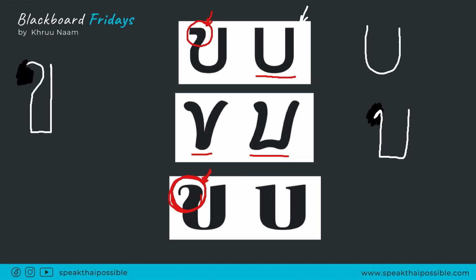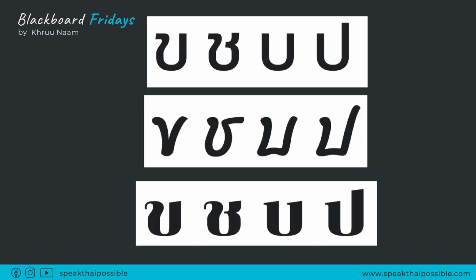Okay. Next group, ขอไข่, ชอช้าง, บอใบไม้ and ปอปลา. We have learned that the difference between ขอไข่ and บอใบไม้ is about this part, right? And บอใบไม้ is just U. But now ขอไข่ and ชอช้าง look very close.